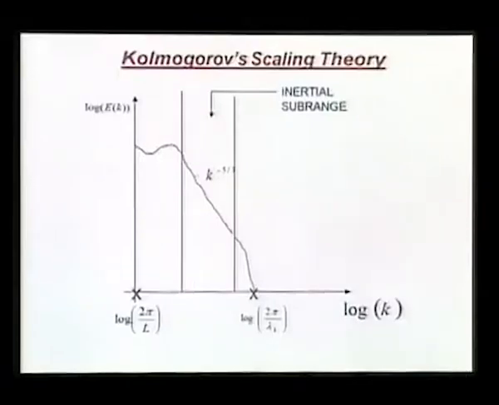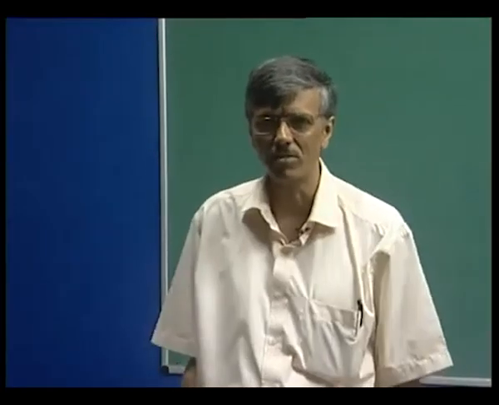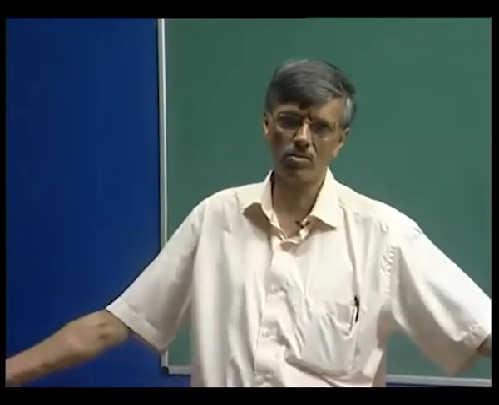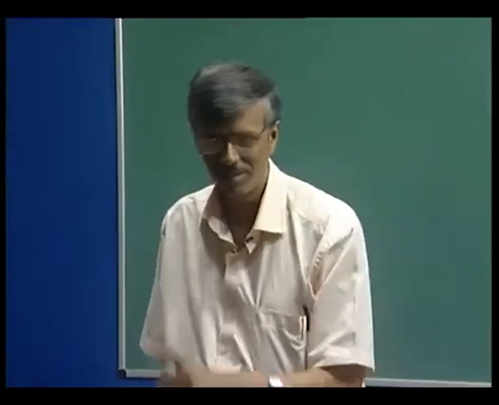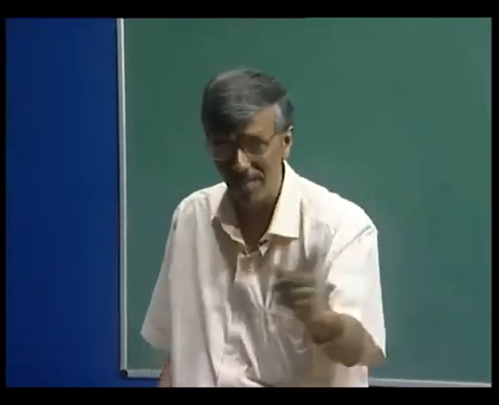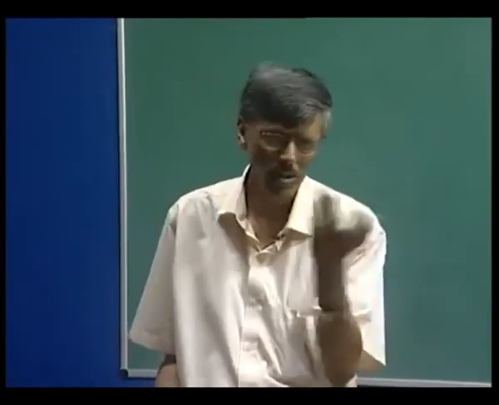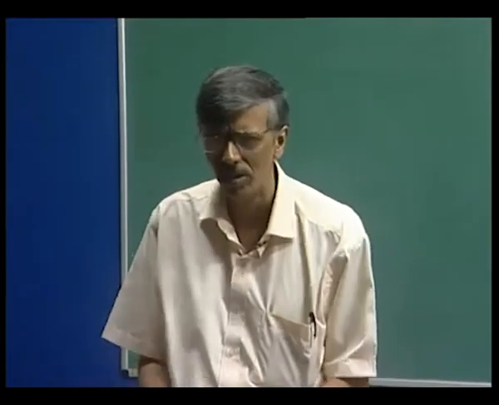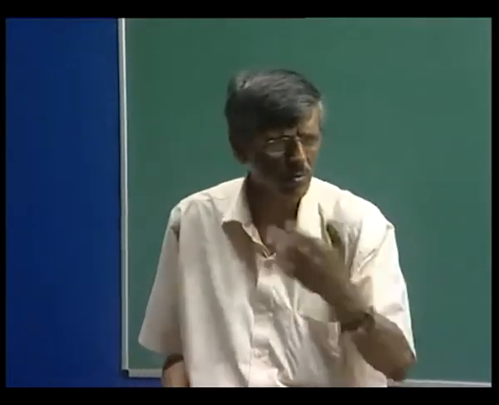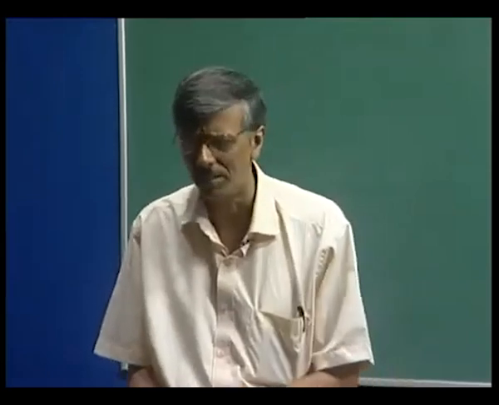Think of nothing better than our weather system. The largest length scale you can think of is the periphery, if you circumnavigate the whole world. So, it is 2 pi into 6,000 or something. It works out to about 24,000 kilometers, something of that kind.